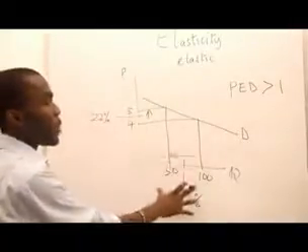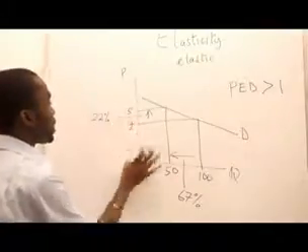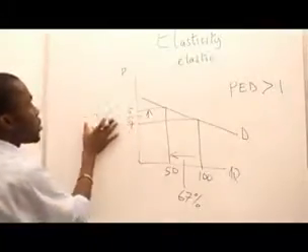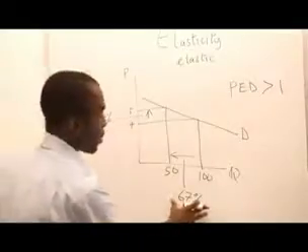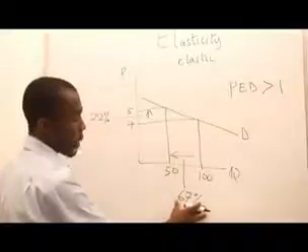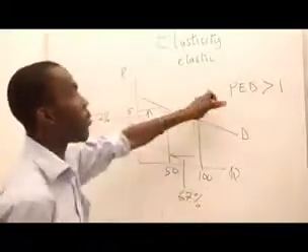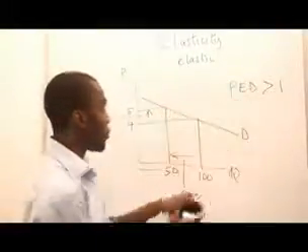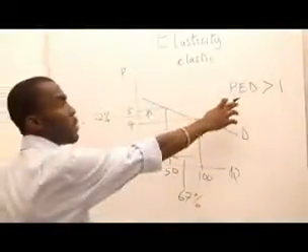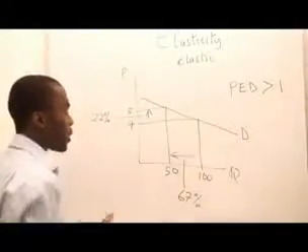That is if you use the midpoint formula to do your calculation. So what we are saying here is that price increased by 22%, but quantity demanded decreased by a larger margin, which is 67%. So that then our price elasticity of demand, if you do the calculation, will give you a figure or a unit that is greater than 1.